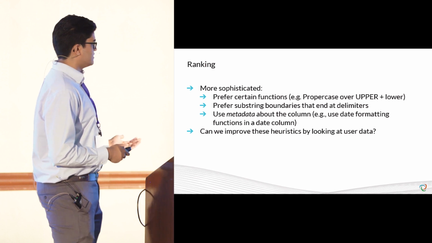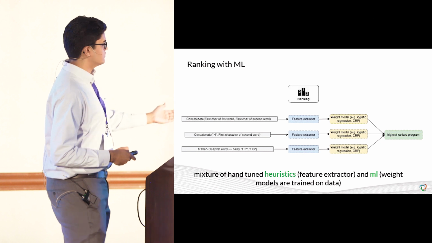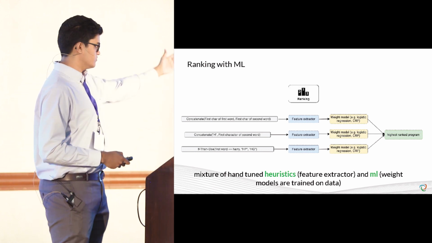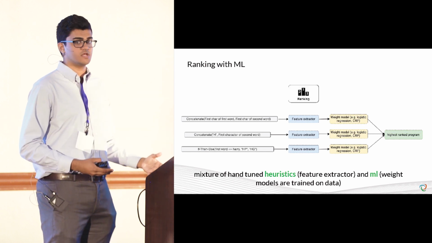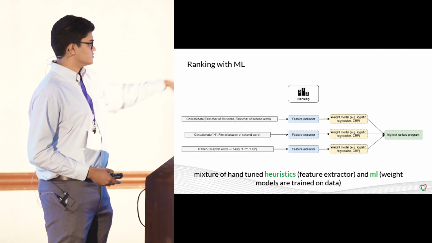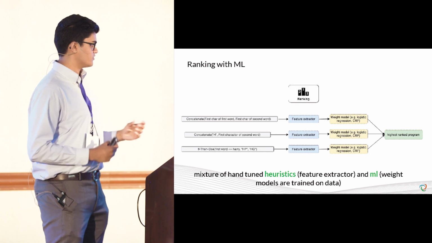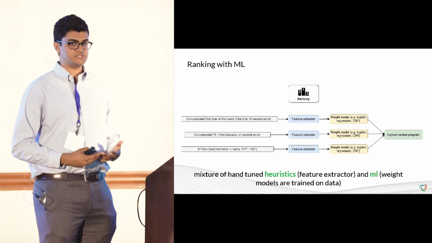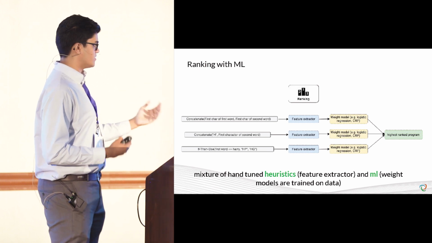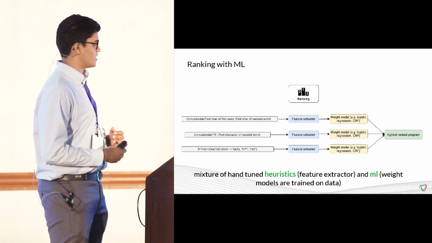An architecture that you could imagine is something like this: once you've synthesized your set of valid programs, and in BlinkFill's case you're synthesizing a much smaller set because you're informed by data from the column as well, you extract features from each program and create a feature vector for each program that maybe encodes some of these heuristics as values. Then you have a model that predicts, off of each vector, the likelihood that it is the correct program.